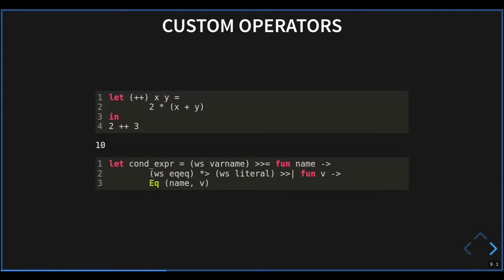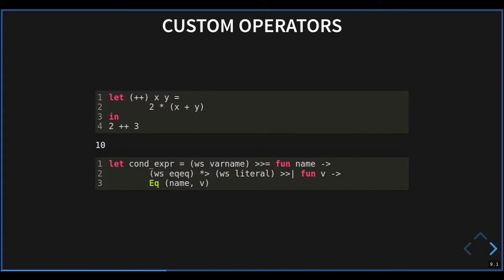So this is an example of code I have written using an external library. This library is for creating parser combinators, and it heavily uses custom operators.